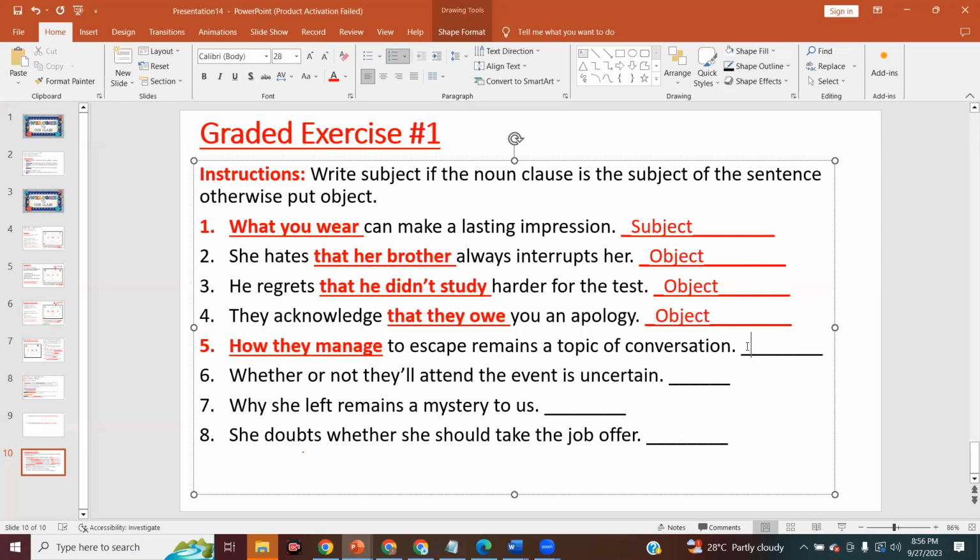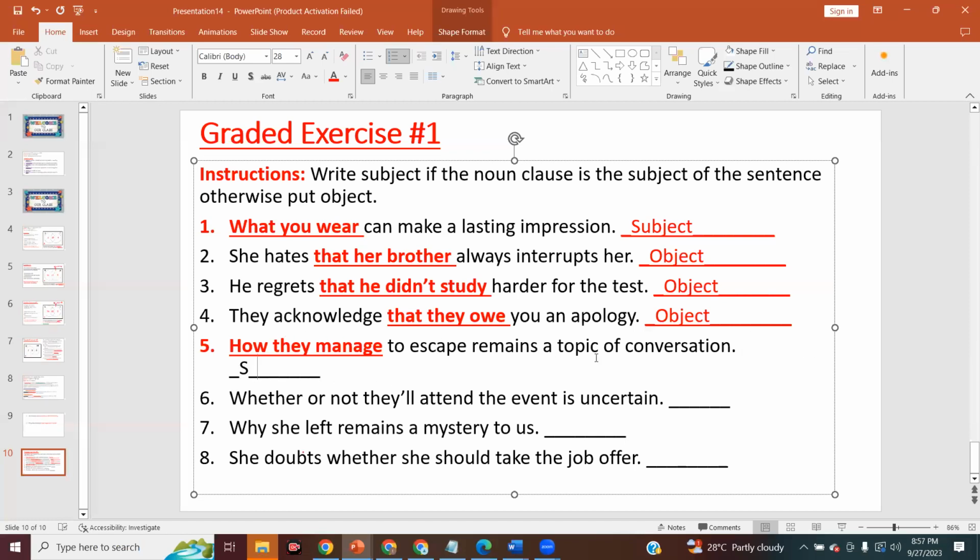And so remember, typically for the object, the verb comes first, then the clause. So how they manage, that's the subject, because that's the subject of the sentence. How they manage to escape.